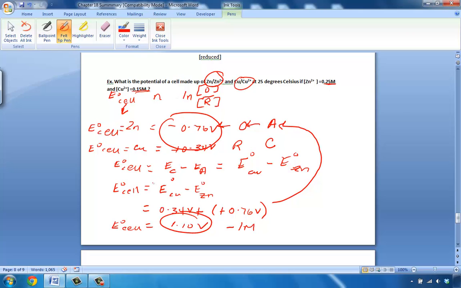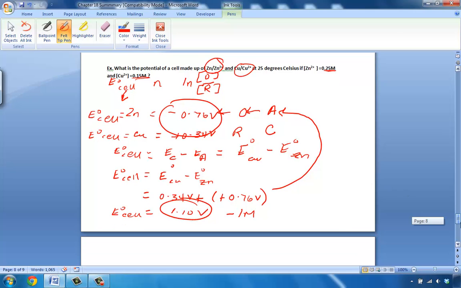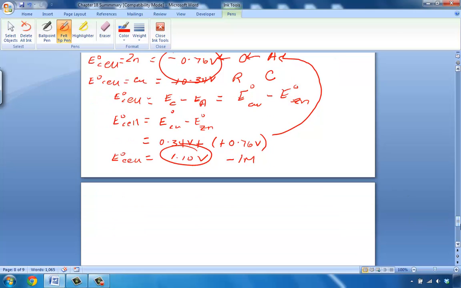So we need to use the Nernst equation, which means that this E naught value is just the first step to finding E of the cell. Not E naught, but E of the cell. We'll take the E naught value we just calculated and subtract from it 0.0257 volts over N times the ln of Q, which is our oxidized over our reduced.